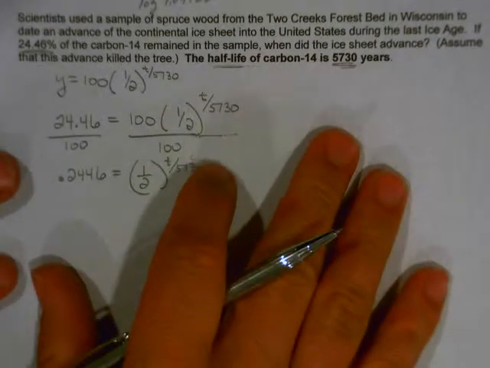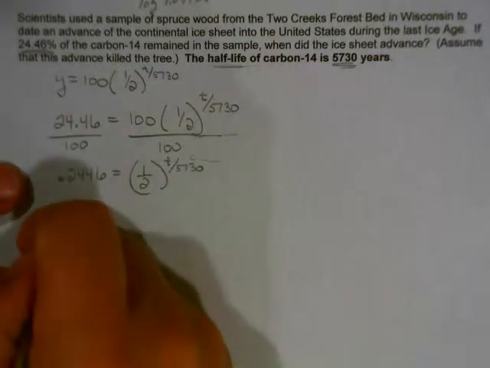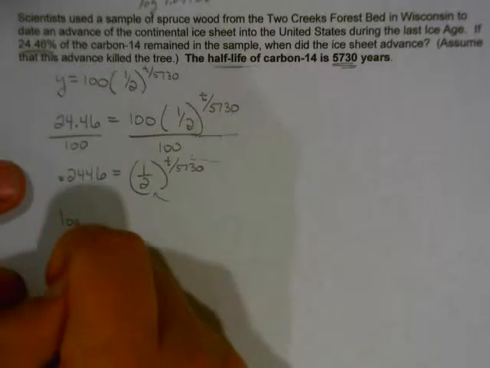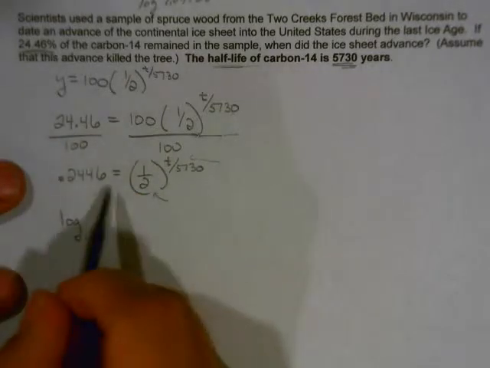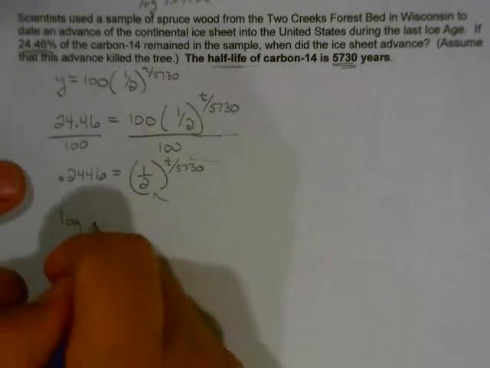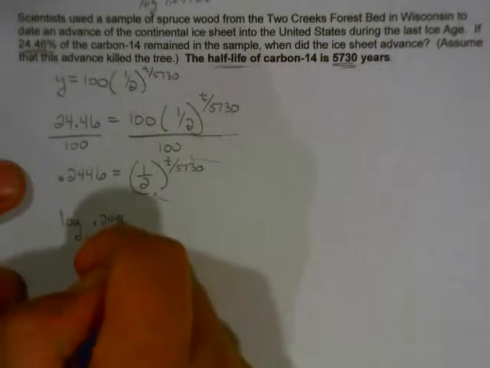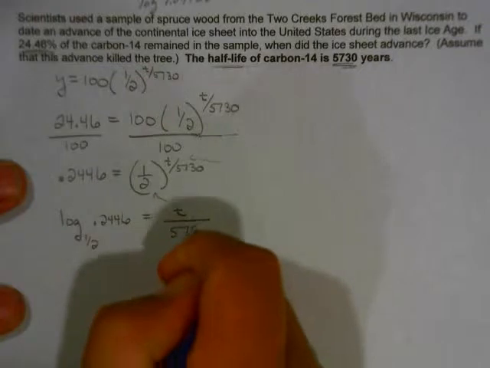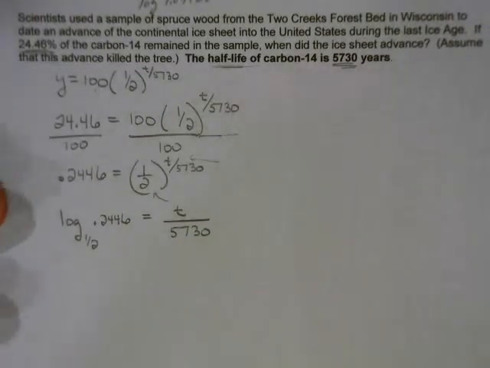The last time I did the log of both sides, so this time I'm going to go log base. Remember, this is my base, 1/2. Here's my value, 0.2446 equals my exponent, t over 5,730.